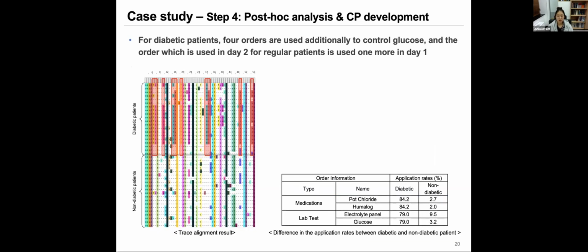In the visualization of the trace alignment result, we could see that the diabetic patients got more orders than non-diabetic patients. The analysis results convinced the medical doctors to create new CPs for diabetic patients and improve the existing CP for non-diabetic patients.